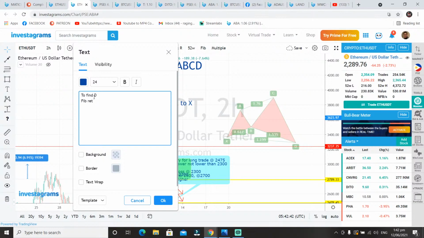Fib retracement X to C, and it should be between 88% to 113%. If it goes further down or more than 113%, higher or lower, it's still valid as long as we are already at point D.